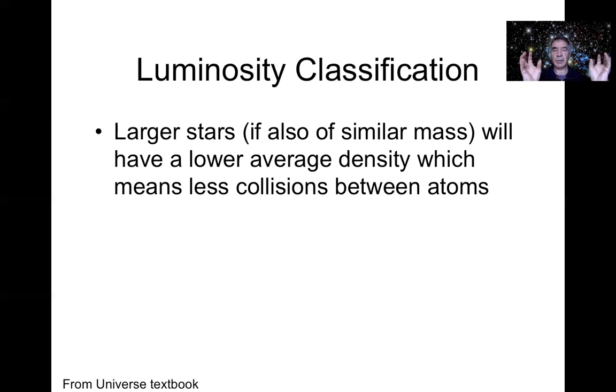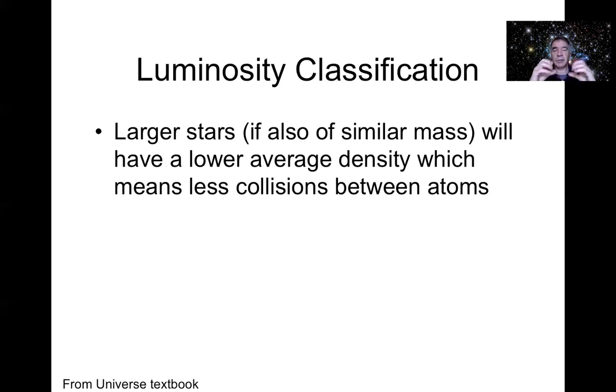Now, coming back to the quantum structure idea here, thinking about the energy level diagram for hydrogen, what happens when you bring 2 hydrogen atoms close together? Well, they've got charges and everything, and so the influence of one atom is going to influence the electron orbiting the other atom.